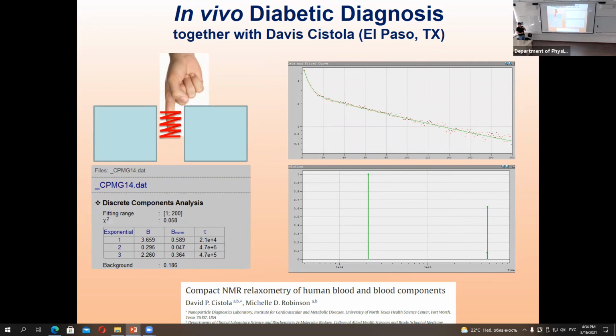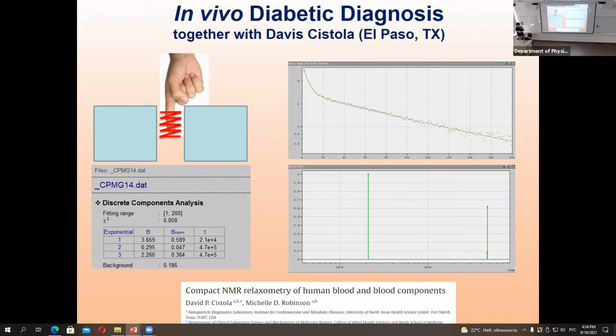It means when you have the same finger with the same temperature and you put it there and measure it 10 times, the standard deviation of measurement is definitely below 1%. Normally it is 0.4%, the standard deviation of 10 measurements of relaxation times. But if you heat your finger, immediately you'll get a different result.